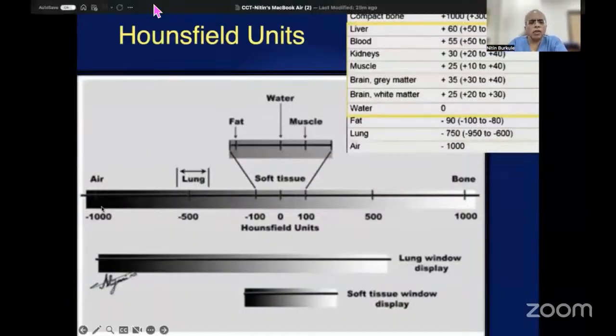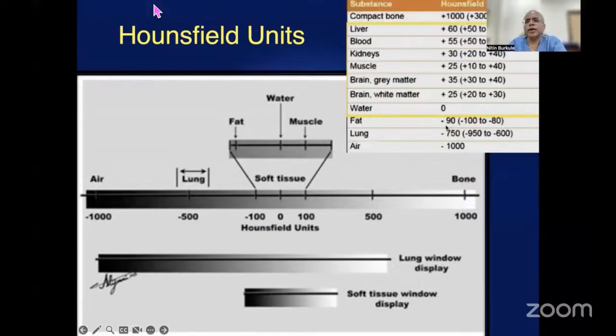So if we put all the Hounsfield values from plus 1000 to minus 1000 with water at the center, that is 0 Hounsfield unit, then you would see that most of our tissue would lie between minus 100 to plus 100. So fat is less than water, so fat comes to around minus 90. The lungs obviously have air, so they will be somewhere around minus 750. Air is minus 1000, while the muscles would be plus 25.